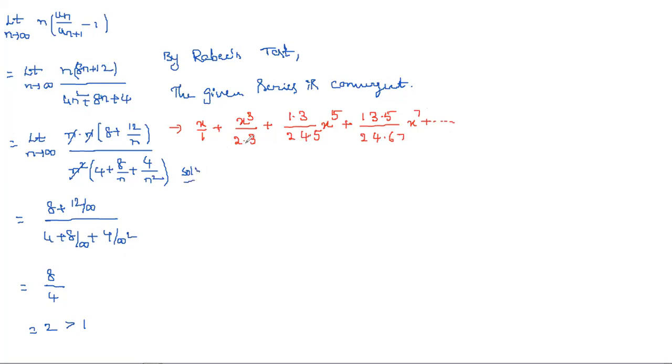Actually the pattern of the question is like this: x plus 1 by 2 into x cube by 3 plus 1 into 3 by 2 into 4 into x power 5 by 5 plus 1 into 3 into 5 by 2 into 4 into 6 into x power 7 by 7 plus and so on. Actually the question pattern is this one. But see how they give it.